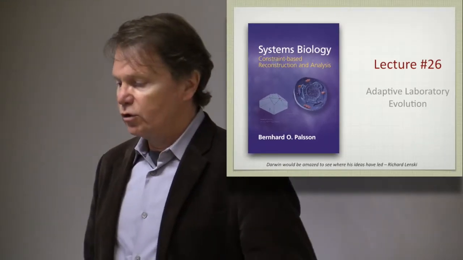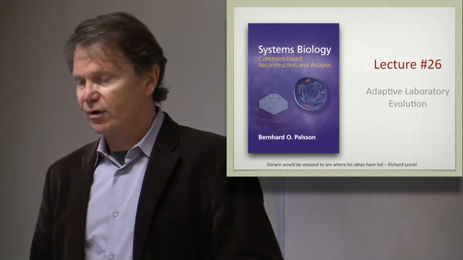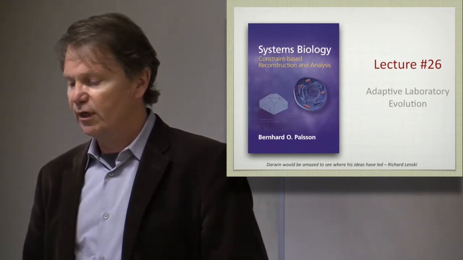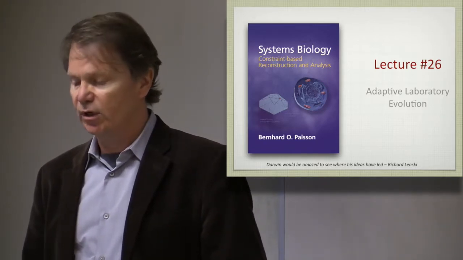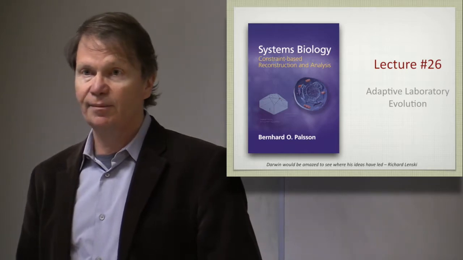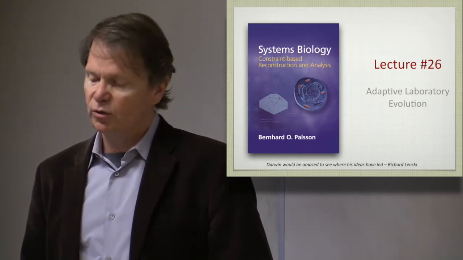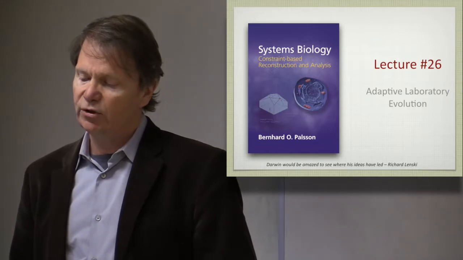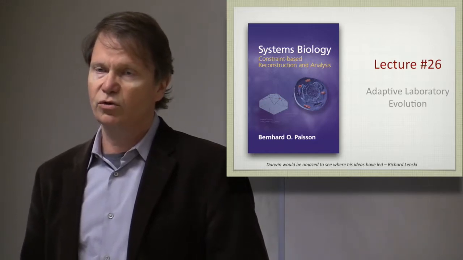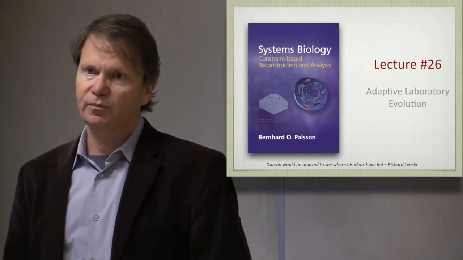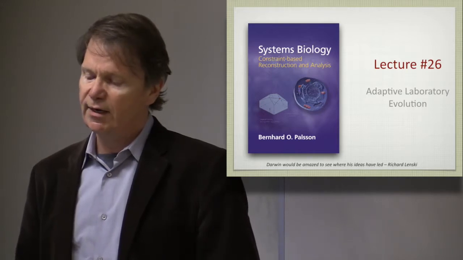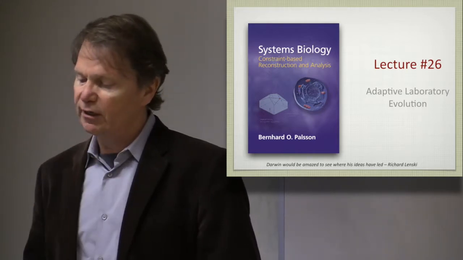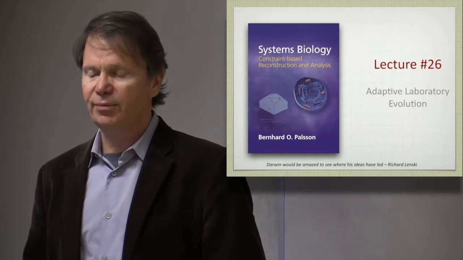Okay. So today we're going to talk about one of the more interesting chapters in the book about adaptive laboratory evolution. So in terms of the previous material we've covered, this is focused on two issues. One is the fact that we can now study the objective function in the lab.